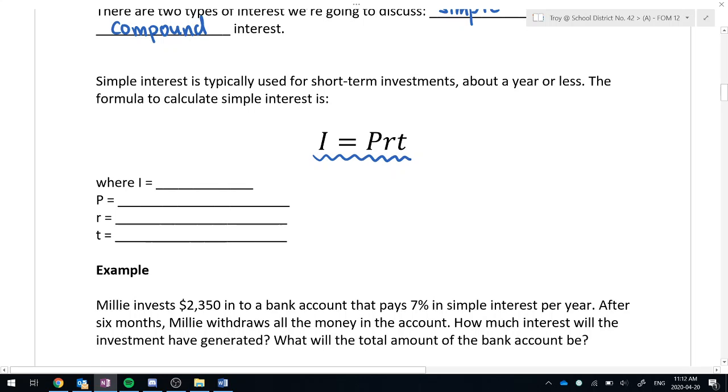I equals PRT. So what these things are is I is the interest, of course, the extra money you get. P is called the principal amount, otherwise known as the original amount.